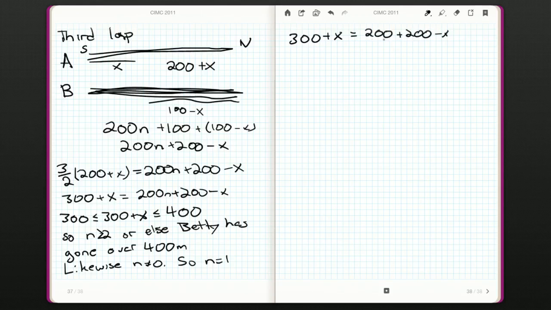So that's 400 there, 300. So 2x is equal to 400. I suspect I've done something wrong because now x is going to have to be equal to 200.